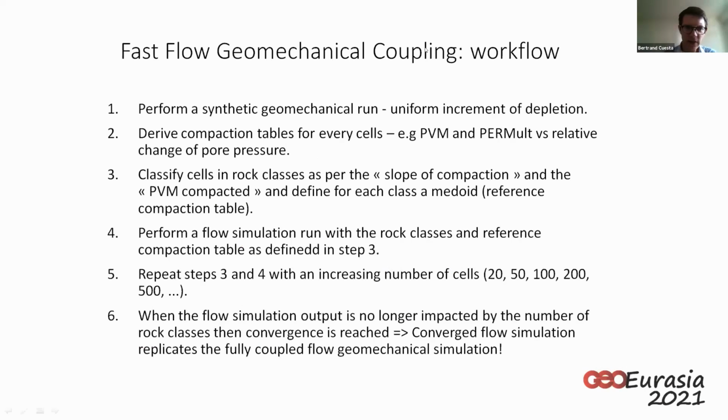So the idea behind the fast flow geomechanical coupling that I propose is the following: first we perform a synthetic geomechanical run, which is a uniform increment of depletion. For instance, we do a first step, which will be initial pore pressure minus 20 bar.